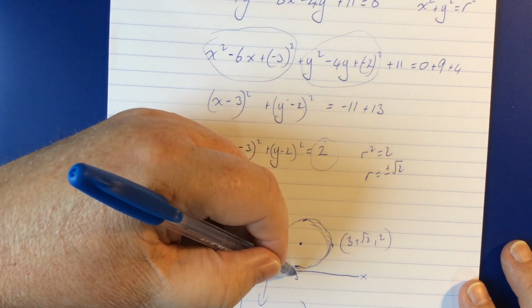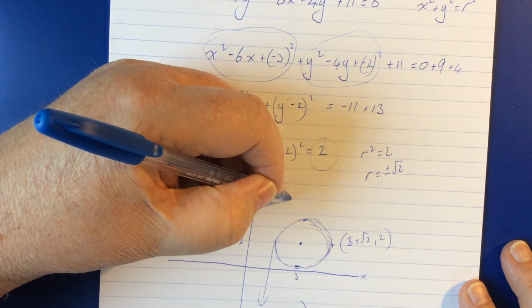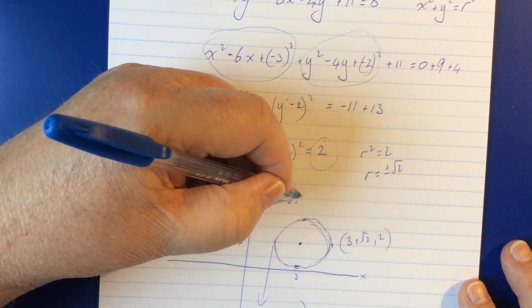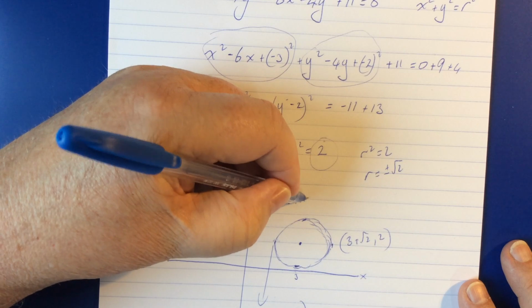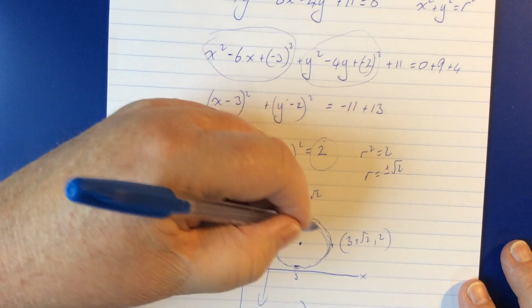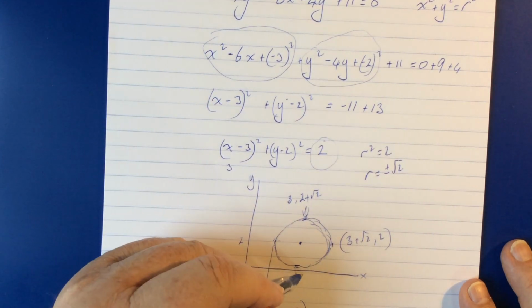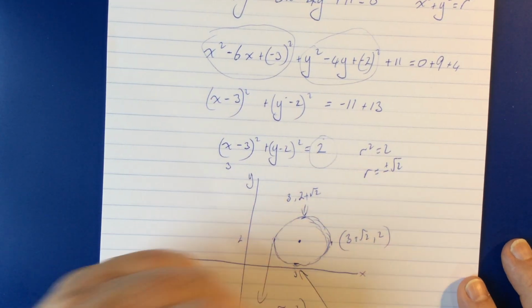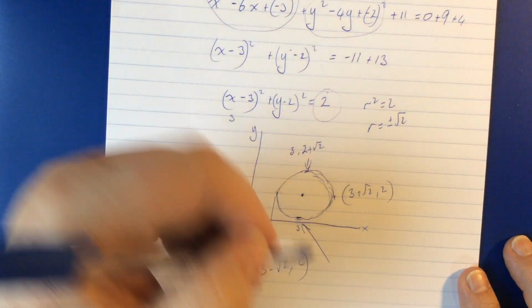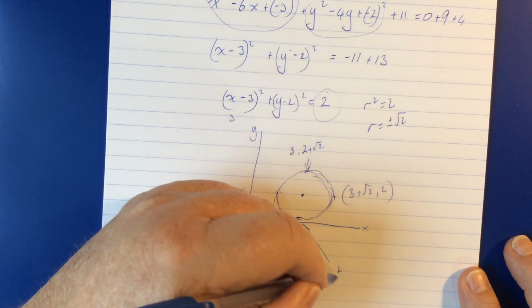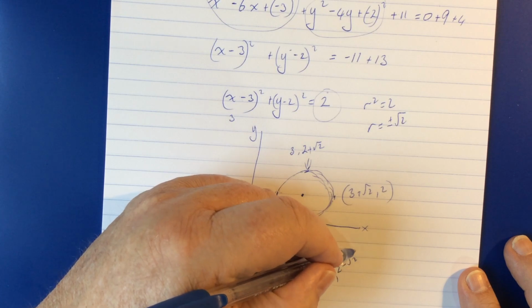And this is 3, and the y value here is 2 plus root 2, that's that point there. And this point in here is 3, 2 minus root 2.